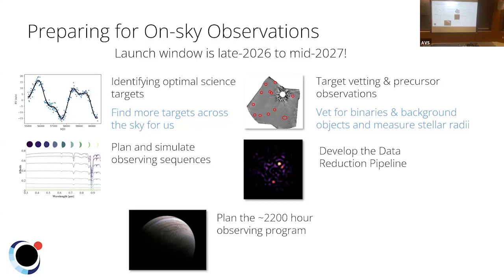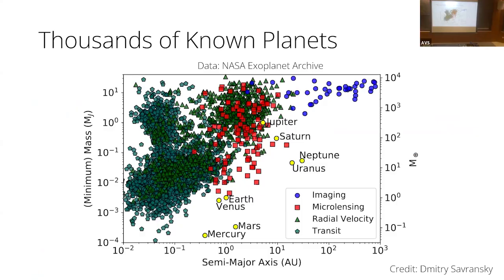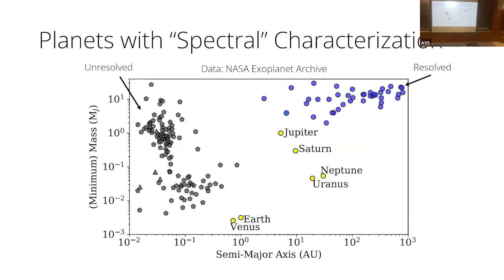Okay. So that's exoplanet imaging, but I just want to come back to this plot. We have thousands of known planets, and it is indeed true that if you count them all, direct imaging has only a small fraction of all those thousands of planets. But we can make this plot in a slightly different way. Let's look at all the planets with spectral characterization.